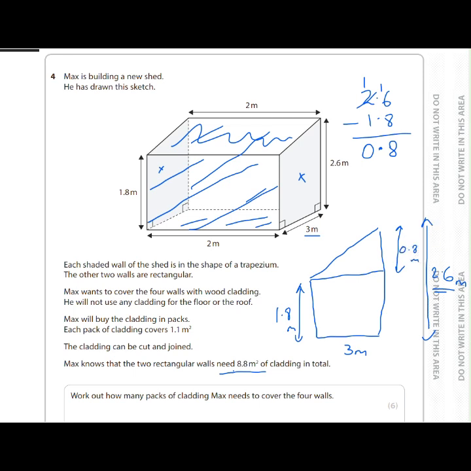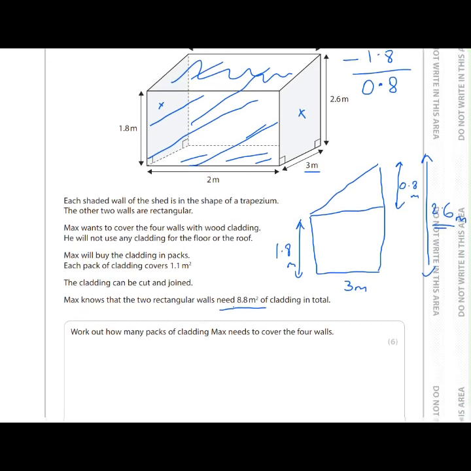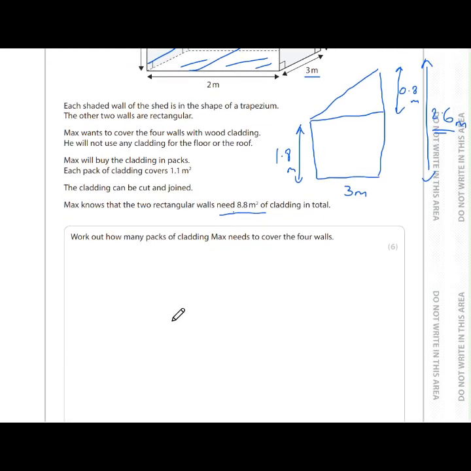So now I'm going to calculate the area of this shape, doing it in 2 separate parts. So I'm going to do the triangle, which is 3 meters by 0.8, and that is 3 times 0.8 divided by 2, and that gives you a value of, well, 3 lots of 0.8 gives you 2.4.